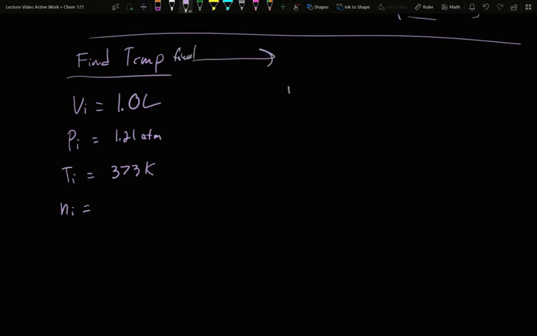And so my final balloon, when we take it out, we find that it is 0.85 liters. My pressure has gone down a little bit. It's 1.18 atmospheres. I want to find my temperature final. And my moles final, assume there's no leak, should equal your moles initial. So give this a shot. See if you can find that final temperature of the balloon.